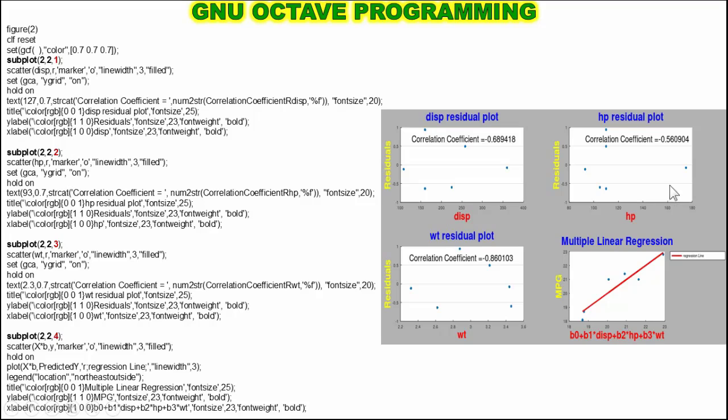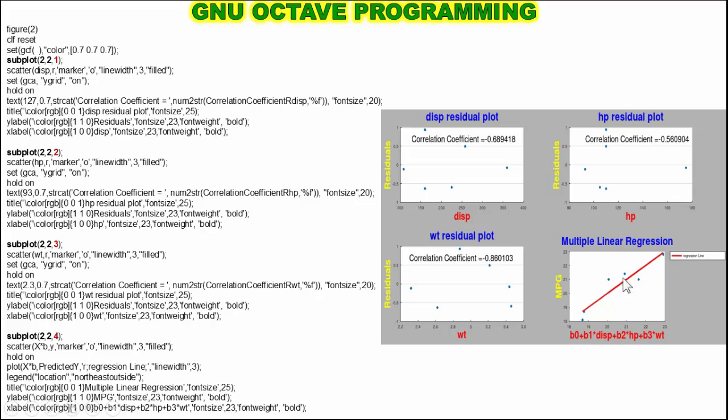The codes for this scatter graph are written after we call subplot 2 rows, 2 columns, index 2, and then index number 3.